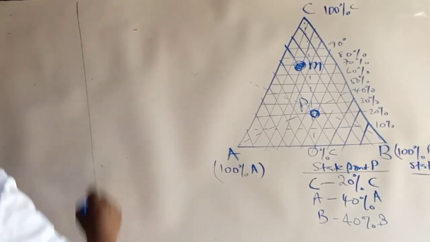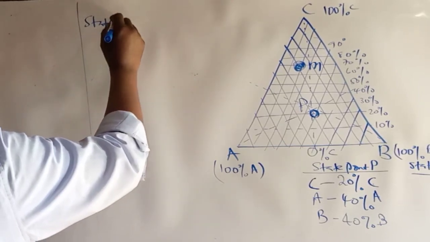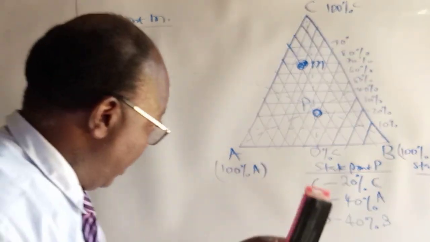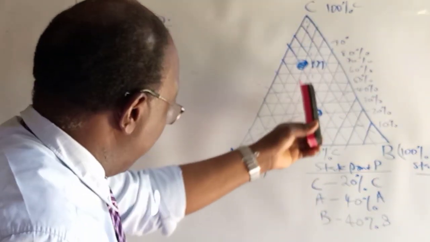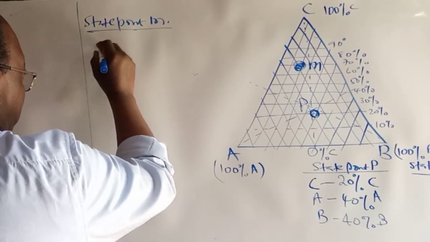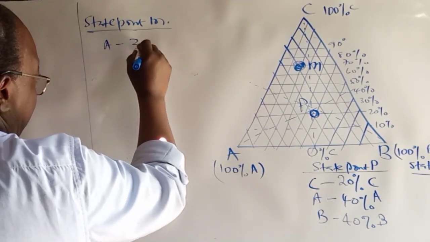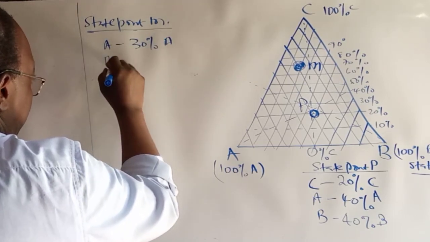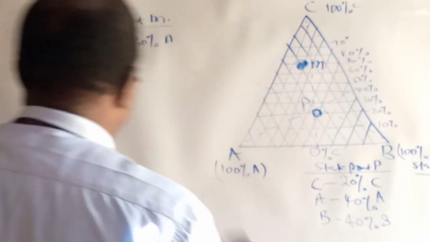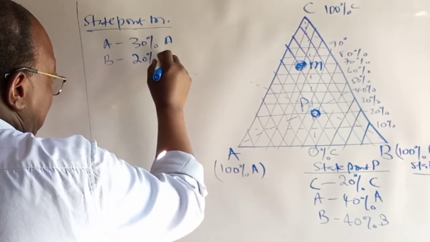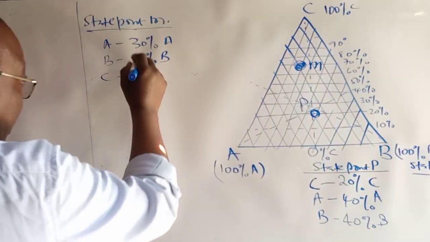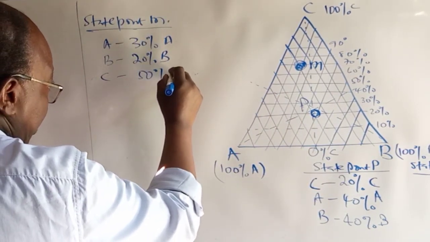State point M, okay, let's look at it. We are seeing clearly that for A it's about 30%. For B, we are here. B is about another 20%. And for C up there, it says that should be about 50% if it is drawn to scale.